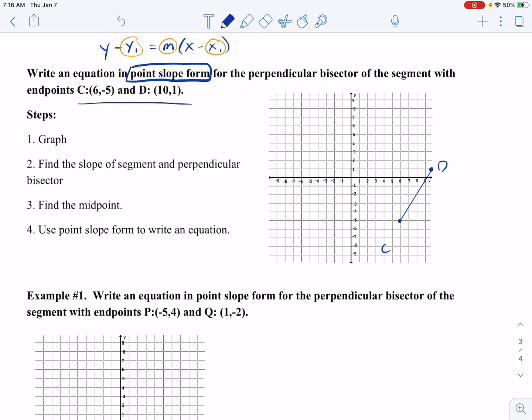Well, we want the equation of the perpendicular bisector. So we don't want the equation of this segment. We want the equation of the line that is perpendicularly bisecting this segment.